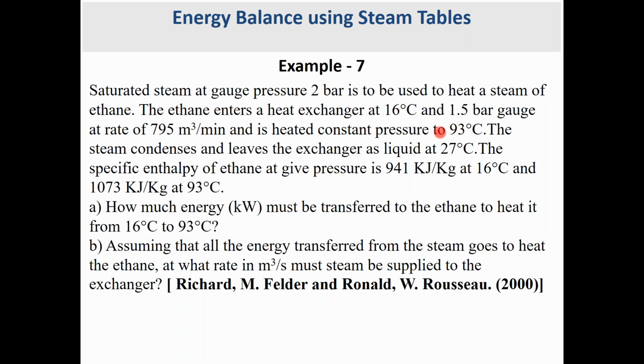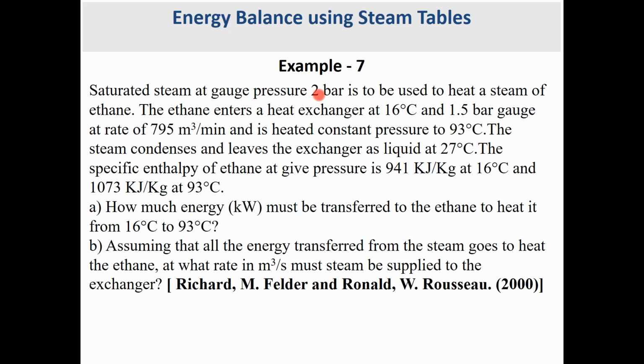To do this process, saturated steam enters the heat exchanger at 2 bar in saturated steam condition, but at the exit it leaves the heat exchanger in liquid form at 27 degrees. So it is a stream that gets cooled off because of the heat exchange.